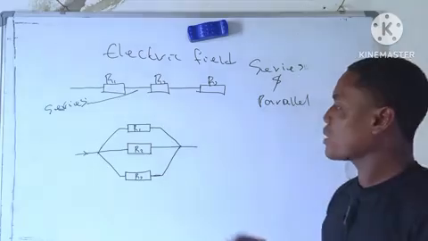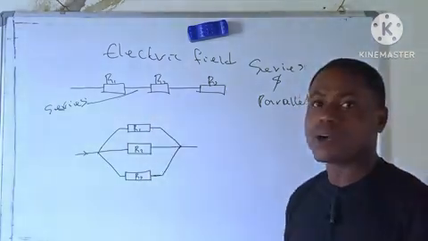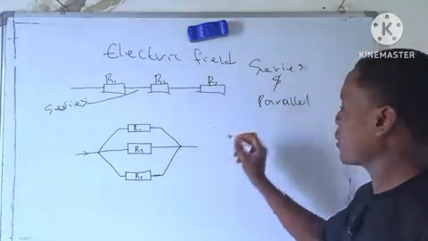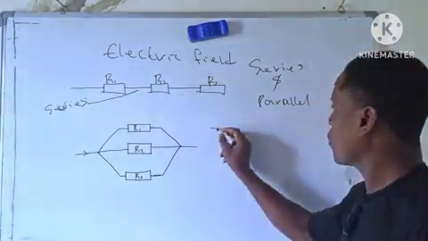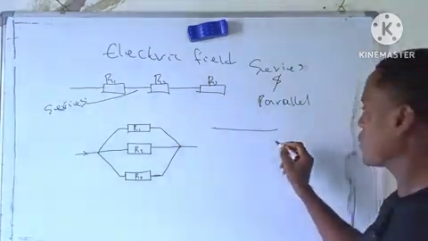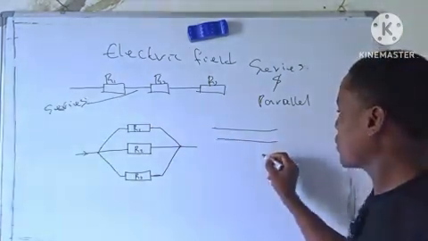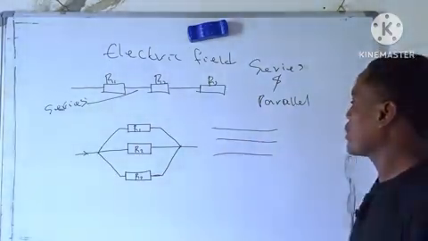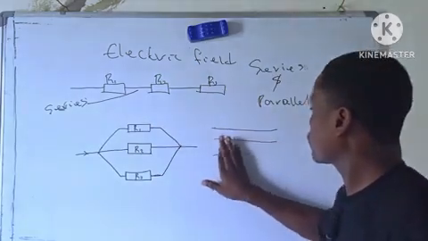Why this one? Look at the resistors. They are parallel to each other. When we talk about parallel, let me draw this line. This one line, a straight line, this another straight line, this another straight line. Let me just draw only two lines.